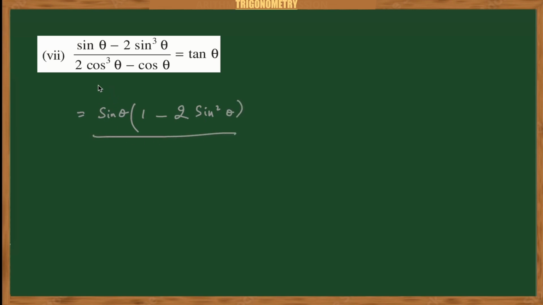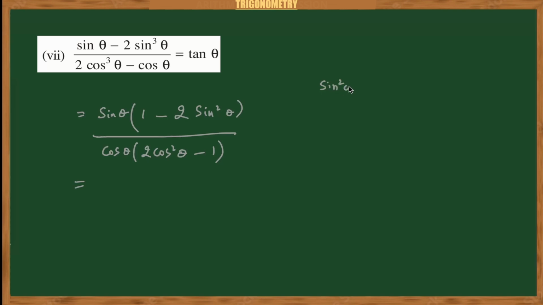Similarly here we have cos, so let's bring the cos outside: cos theta, it becomes 2 cos square theta minus 1. So here sin theta we have, and sin square theta, 1 we have.